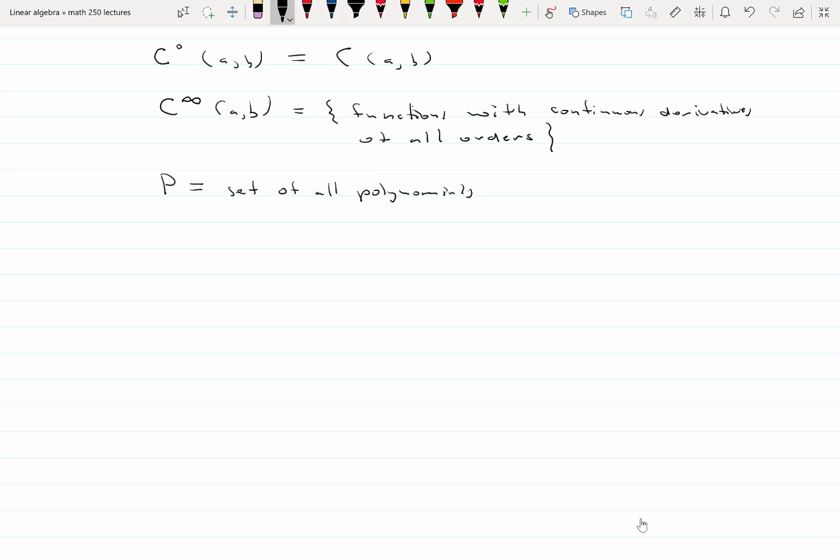And in fact, they have derivatives of all orders, so they're really in C infinity of negative infinity to positive infinity. P sub k is the set of all polynomials of degree less than or equal to k.